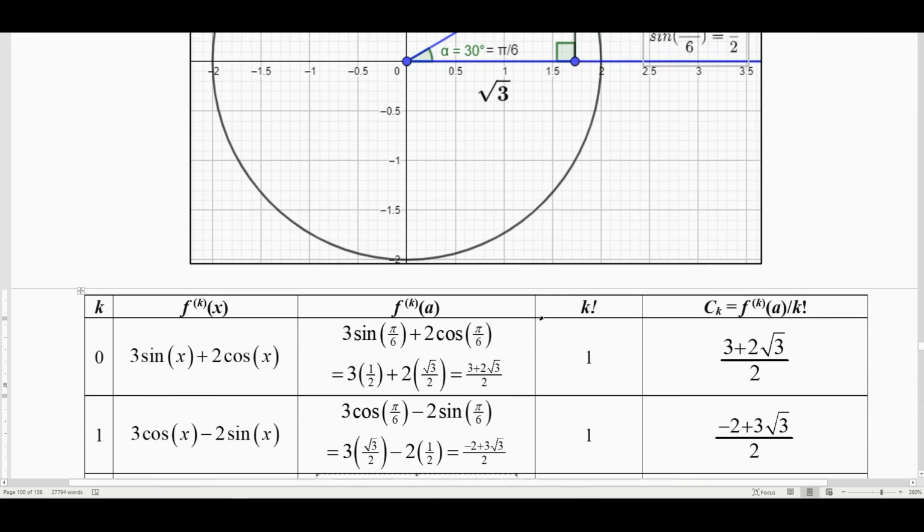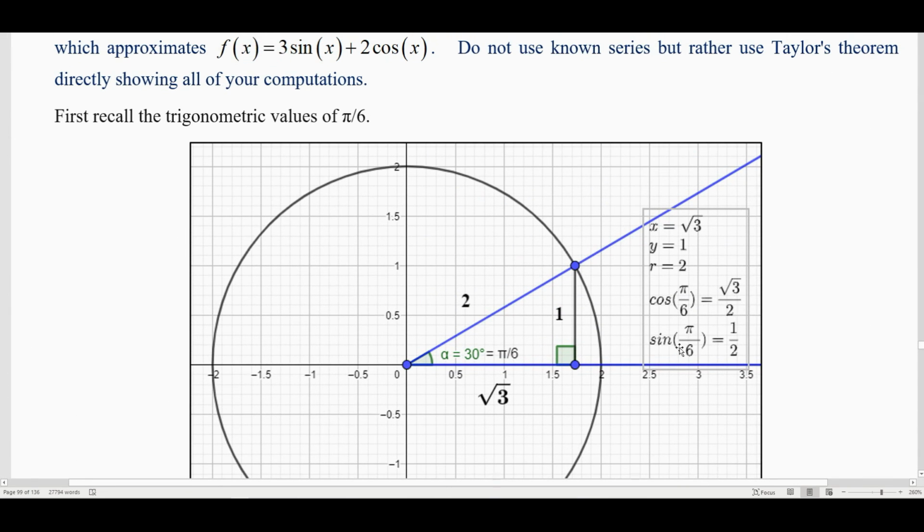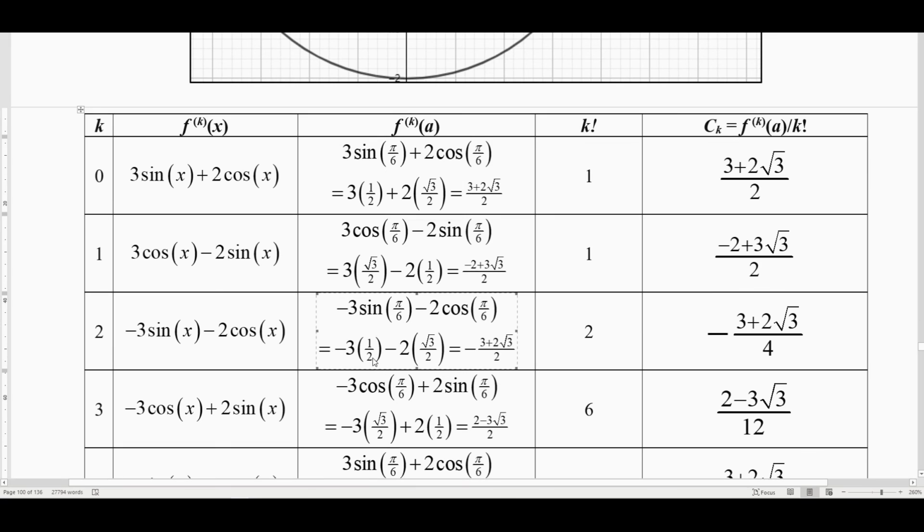Let's see if I did that right. The cosine is square root of 3 over 2. The sine is 1/2. Yeah, the rest of it worked out correctly. So that's a common denominator of 2. That's negative 3 minus 2 square root of 3. I just factored a negative out front and left both those terms positive in the top. We divide that by 2. That's our coefficient: the opposite of 3 plus 2 square root of 3 over 4.